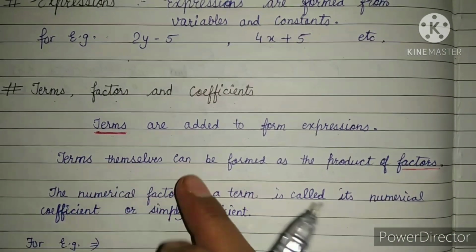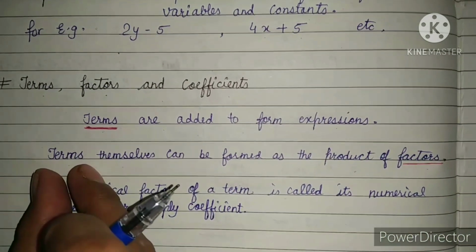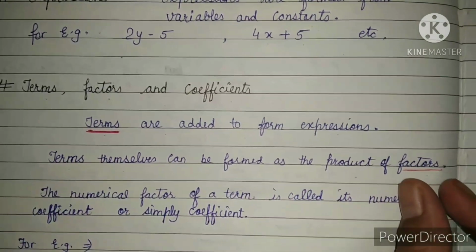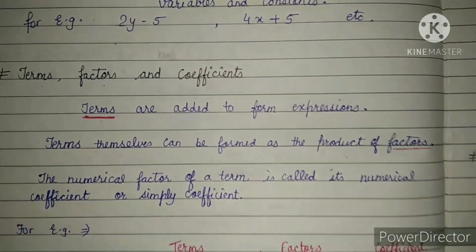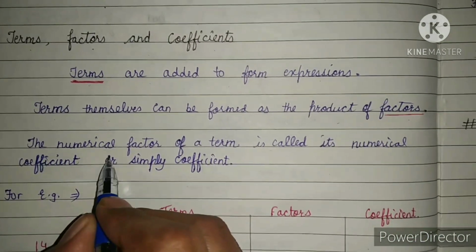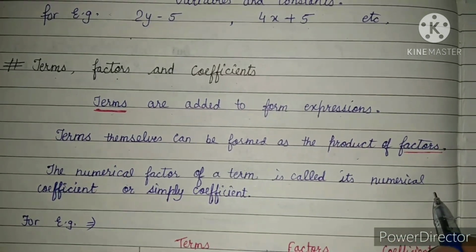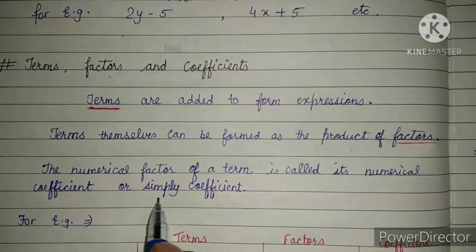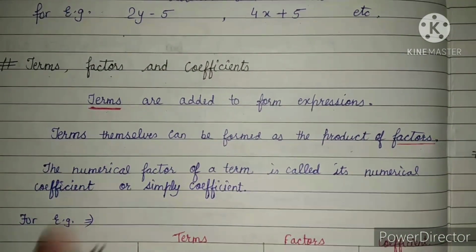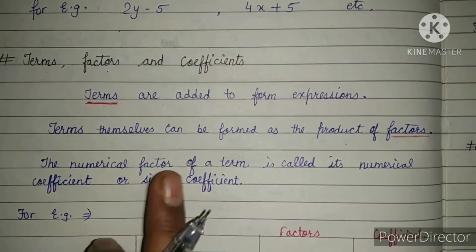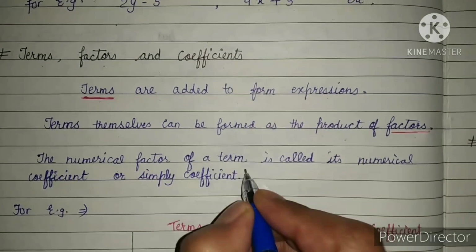Terms themselves can be formed as the product of factors, so with the help of terms we can get factors, because a term is the product of factors. Lastly, the numerical factor of a term is called its numerical coefficient or simply coefficient. So in a term, whenever we have a numerical factor, we call it the numerical coefficient or simply coefficient.